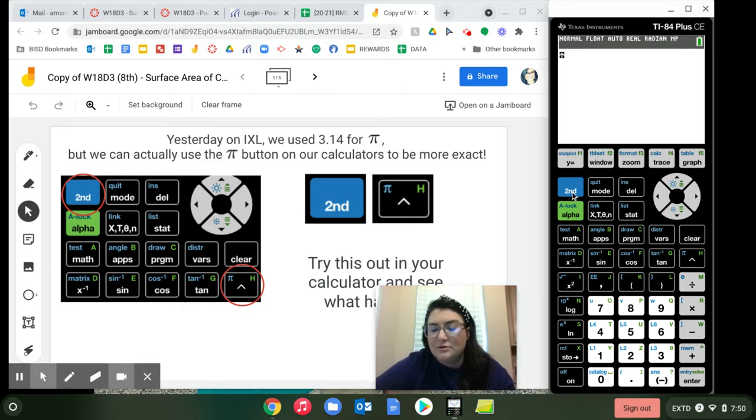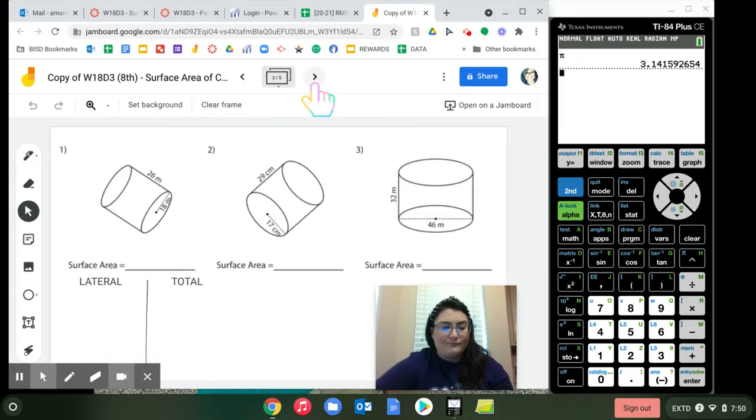Okay, so blue second pi, and you should see that symbol appear on your screen. And when you hit enter, like I said, it gives you that 3.14, but it also gives you the digits after that. It encompasses as many digits as possible to be more precise. So we know what that button looks like. Now let's get to our work.